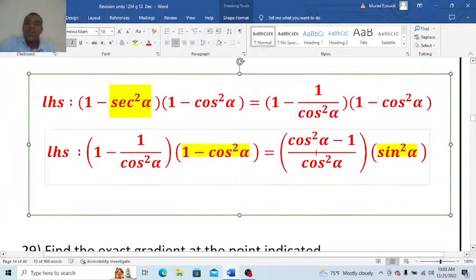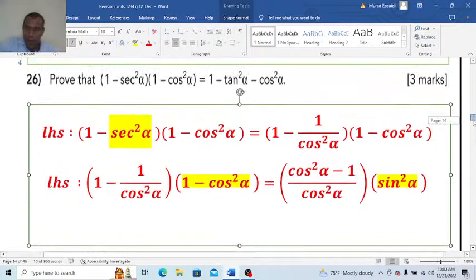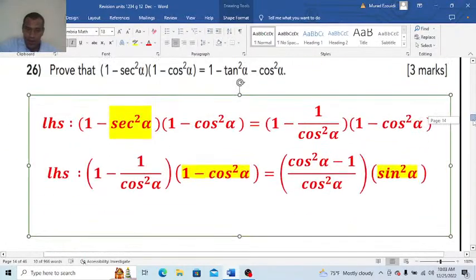Therefore, you can see that it will be equal to cosine square minus 1. Okay, this one will be simplified.